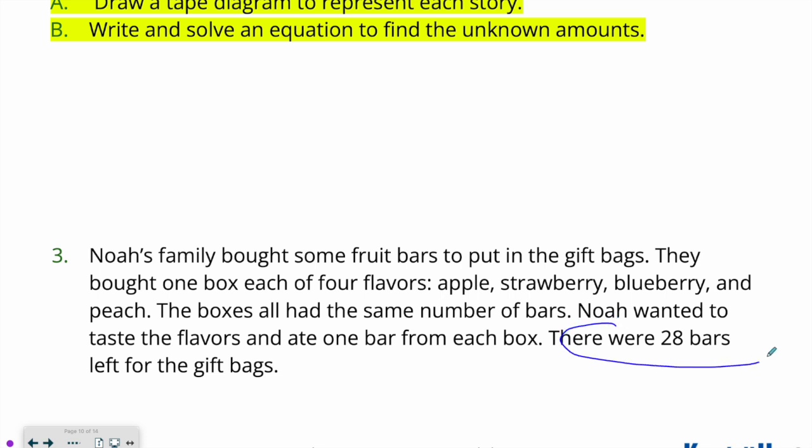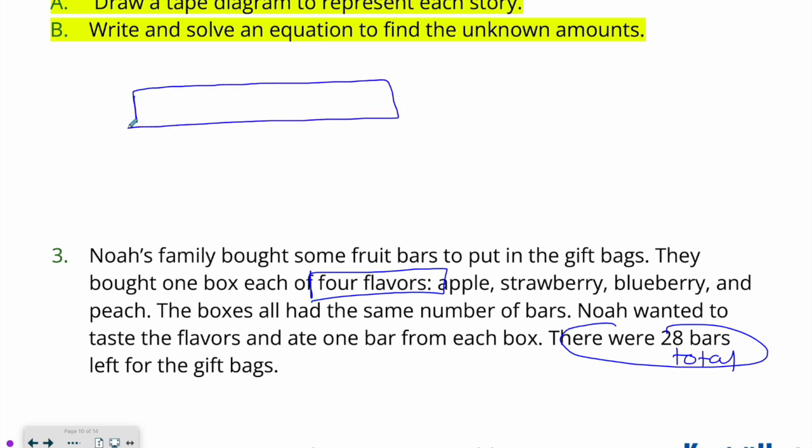So here's our 28. That's our total. Some fruit bars, they had 4 flavors, and each box had the same number in it. So we're going to divide our tape diagram into 4 equal sections. The length of the whole thing is our total of 28.